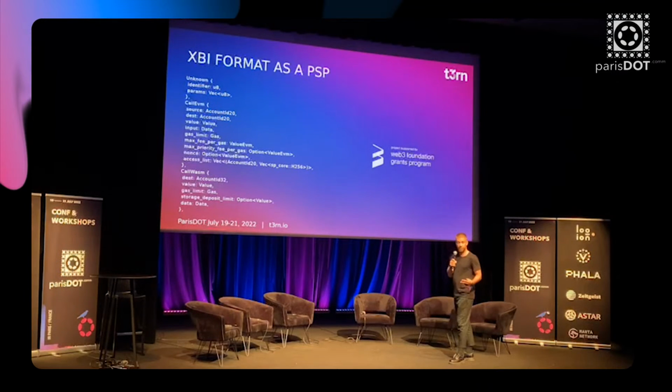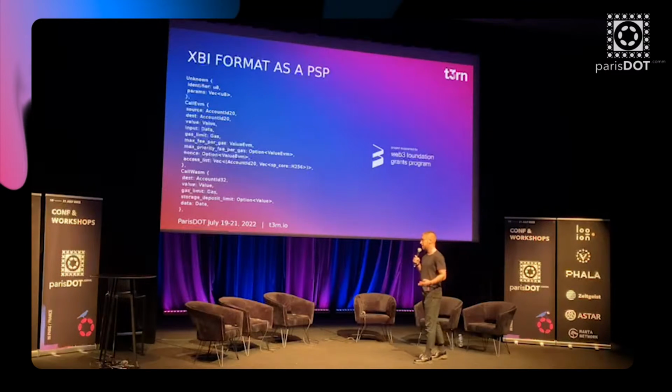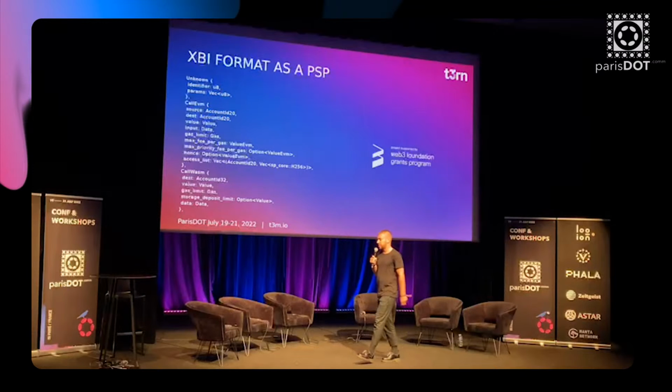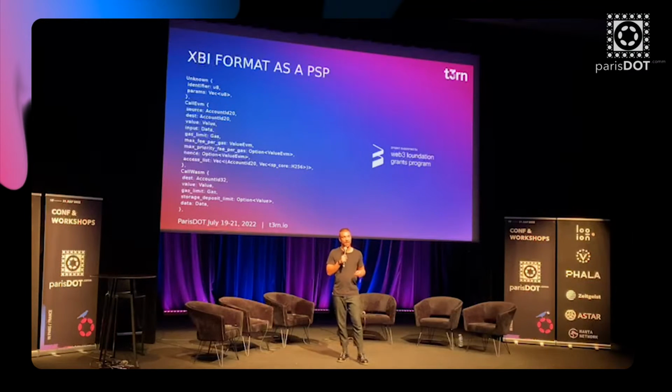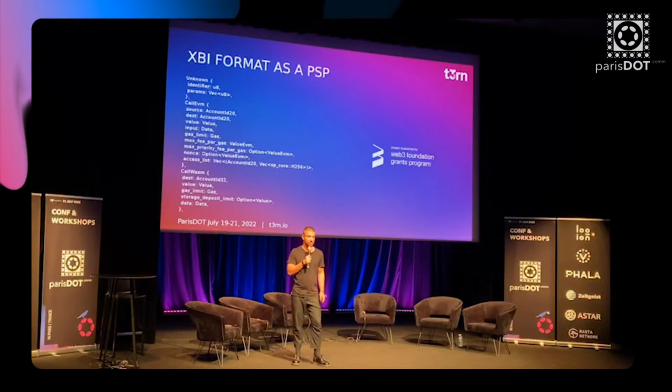As part of the fulfillment of the grant, XBI will then be pushed to be adopted as a PSP, a Polkadot standard proposal. Like I said, it really highlights this need for consistent use of a protocol like XCM to level up cross-chain communication.